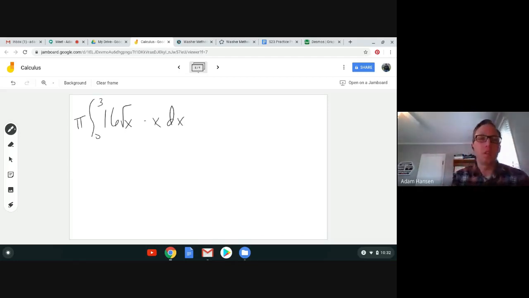All right, so let's find the antiderivative of this. 16 square root of x. I think that's x to the 3 halves. So 32 thirds.